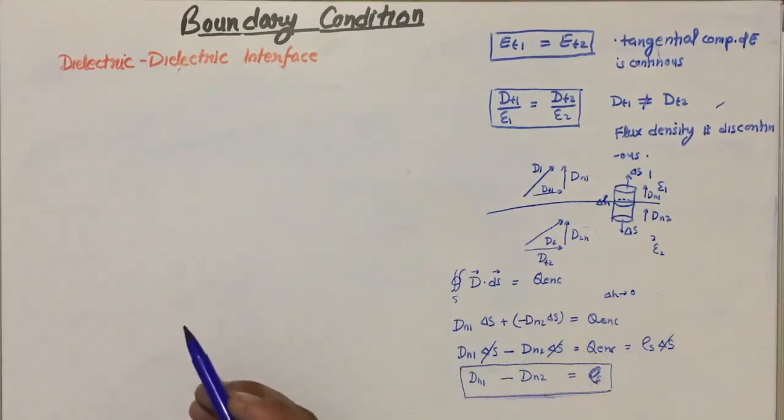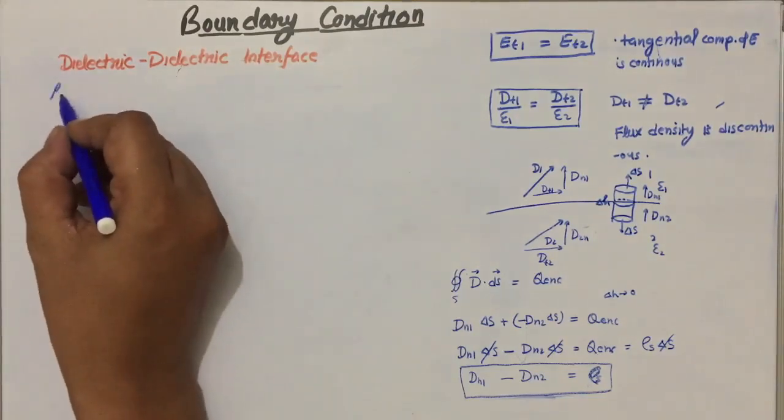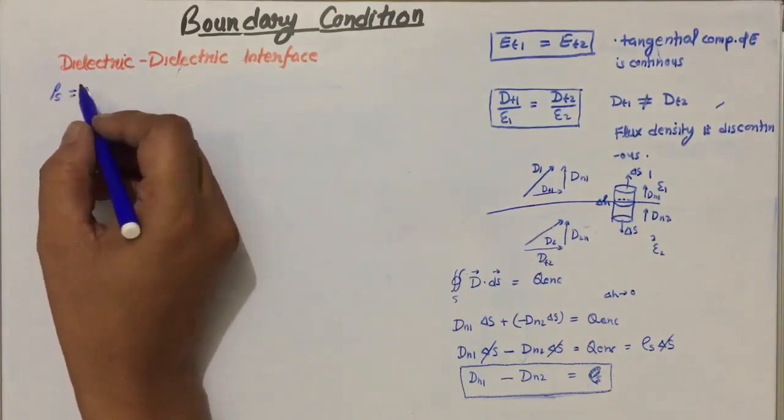If there is no free charge at the surface, rho s is considered 0.